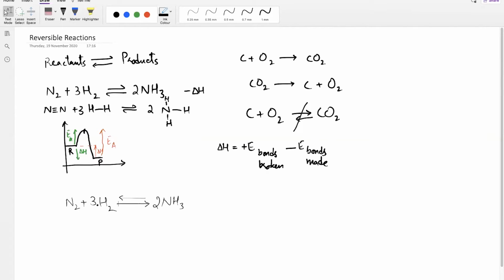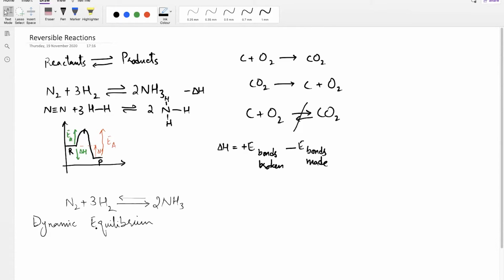But then comes a time when the forward reaction, the amount of ammonia being made, is happening at the same speed as the backward reaction, which is ammonia breaking down to make nitrogen. And that stage is called equilibrium. To be specific, that is called dynamic equilibrium. Dynamic equilibrium is when the forward reaction is happening at the same rate as the backward reaction.